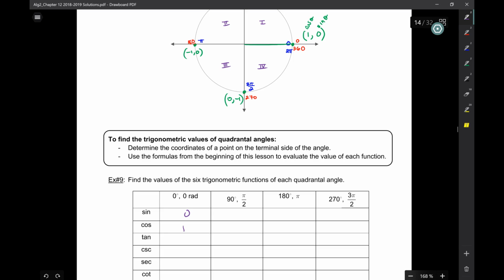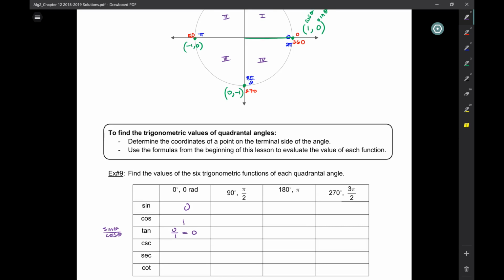Okay, what's the tangent then? It's what over what? Sine over cosine. So it's 0 over 1, which is 0. You don't have to show me the 0 over 1. You have to show me the 0. Okay? What's the cosecant? No, it's undefined. The cosecant is 1 over sine of theta, which is 1 over 0, undefined.